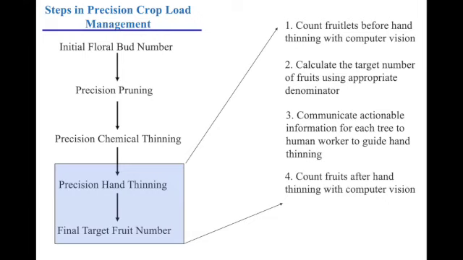And then after we're done, go back through with computer vision and count how many fruits we ended up with to make sure that we accomplished our objective.